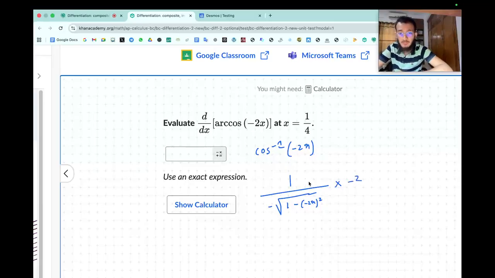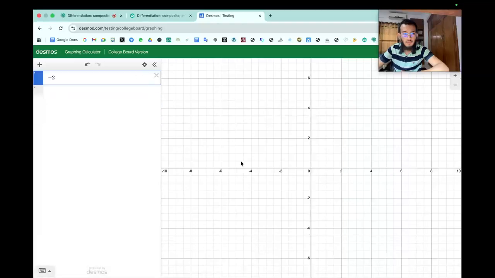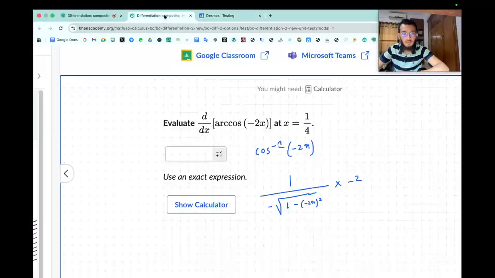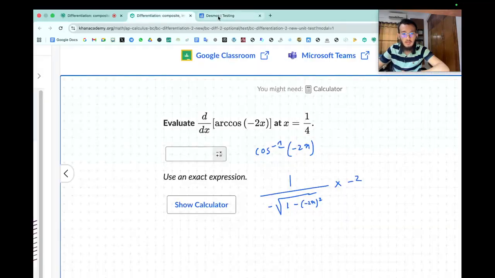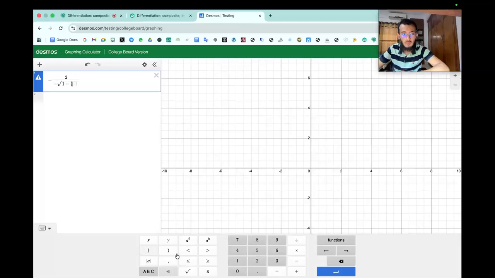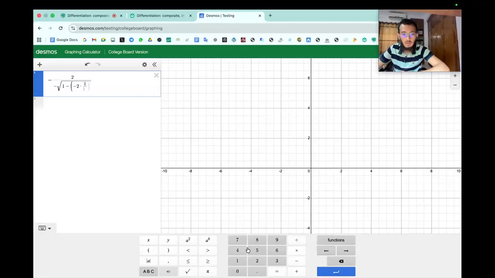And we have to plug in 1 by 4 here. So negative 2 upon negative root 1 minus (negative 2 into x, we plug in 1 by 4) squared.